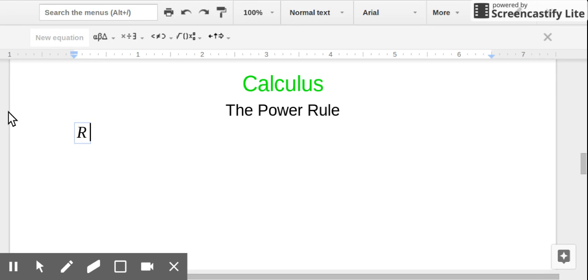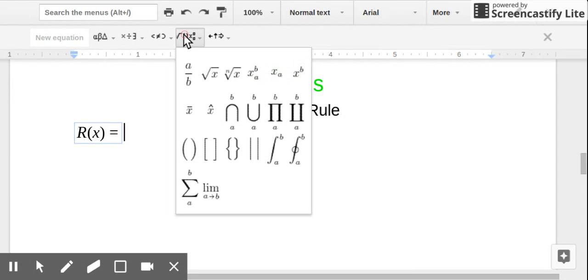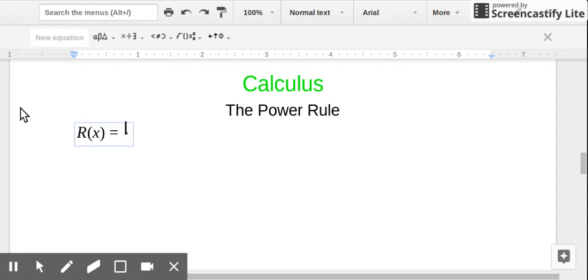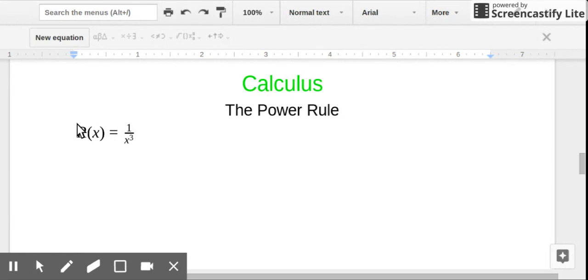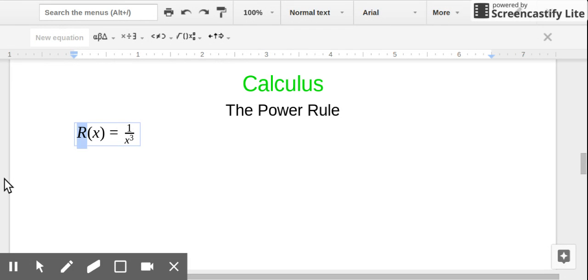Let's say we had r of x is equal to 1 over x raised to the third power, and we are asked to find r prime of x. As you can see, we're going to be using the power rule.